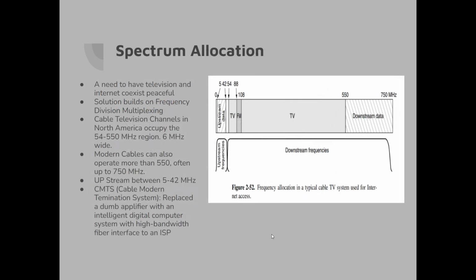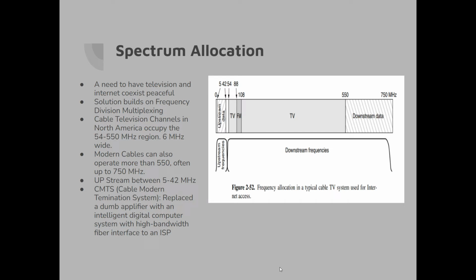So after this, there was an issue that needed to be dealt with, because now that there is television and internet on the same type of line, which is the coaxial line, there needed to be a way for both of them to coexist peacefully. And the solution was spectrum allocation, built on frequency division multiplexing.